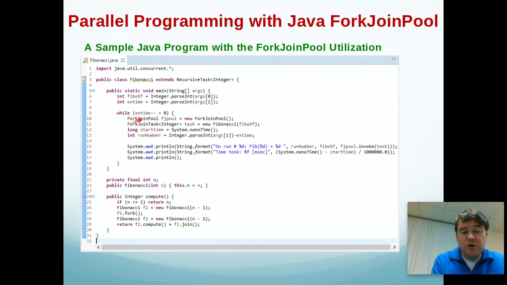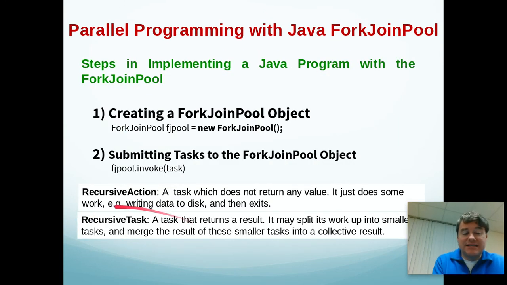So ForkJoinPool, which is the type of forking that we're doing here, variable name gets new ForkJoinPool. It can take in an optional parameter which specifies how many you actually want. And then the ForkJoinTask, where there is a difference that was explained here: a task produces a result, whereas an action does not return a value.